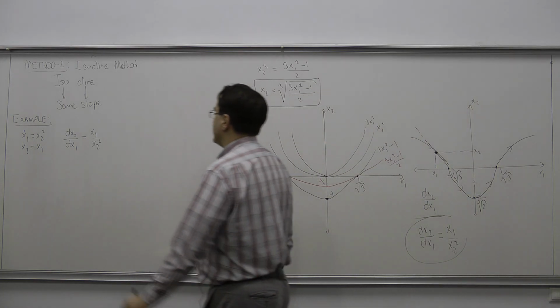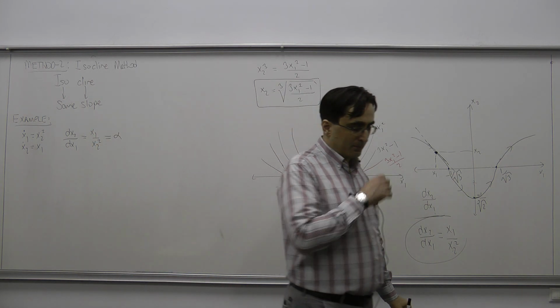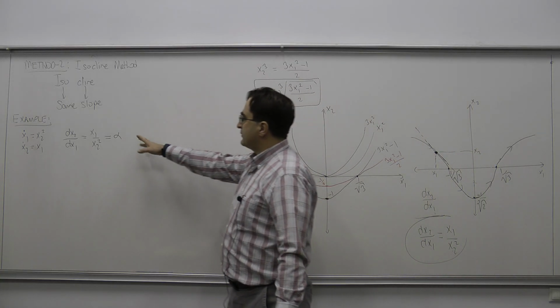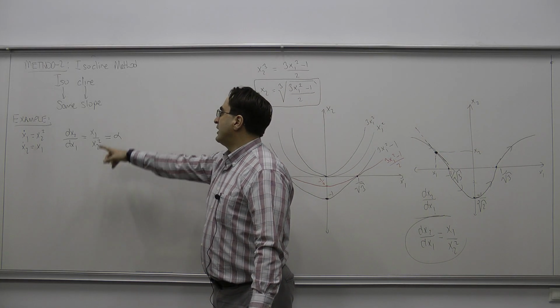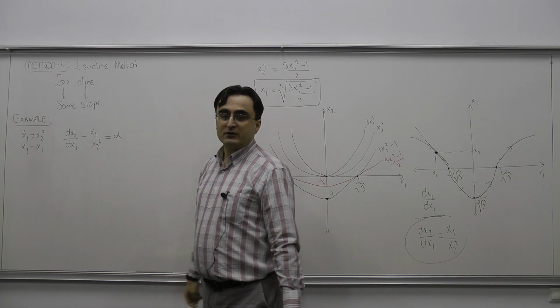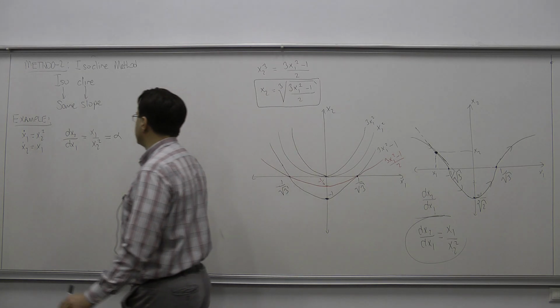Now what I'm going to do is equate this to a constant alpha. Then we are going to give some specific values to alpha and try to draw the curves that would result from this equation. Okay? What type of curve does this result in?